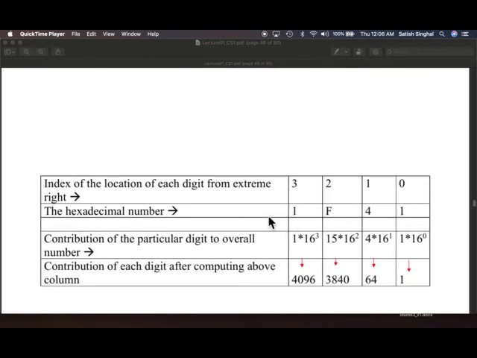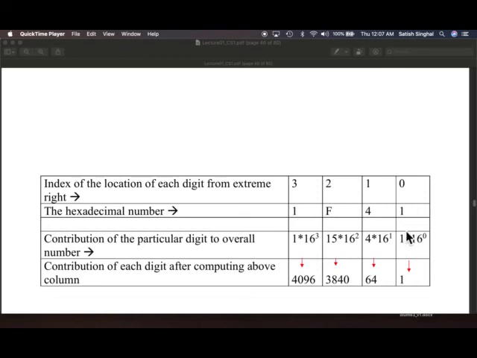Important to understand this one. So these were the positional numbers: 0 for this, 1 for this, 2 for this, 3 for this. The number is 1F41. So we take the digit and multiply by 16 to the power of the position number. Of course, 16 to the power 0 is always 1.